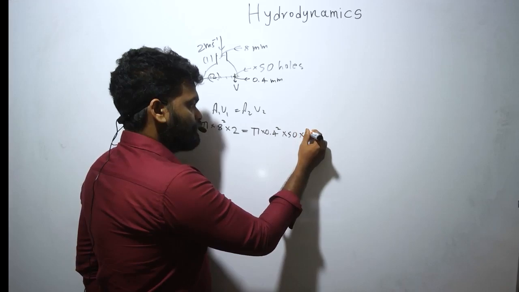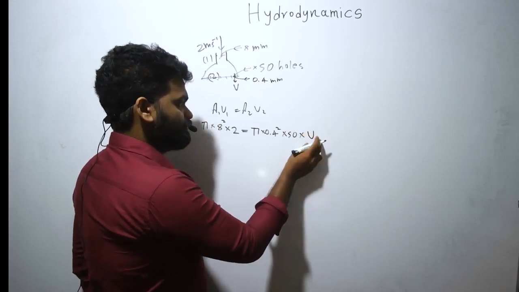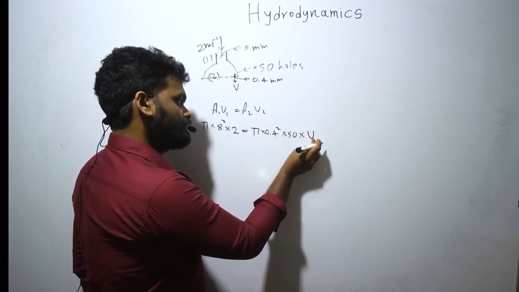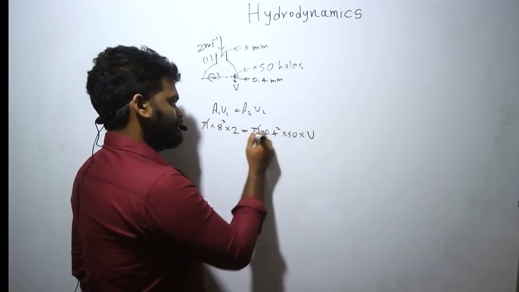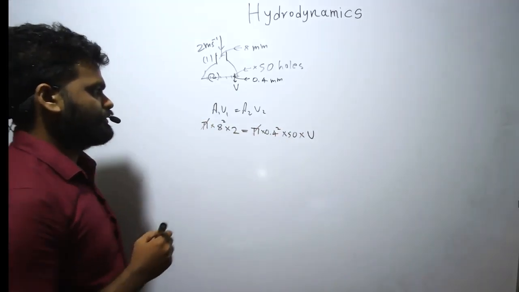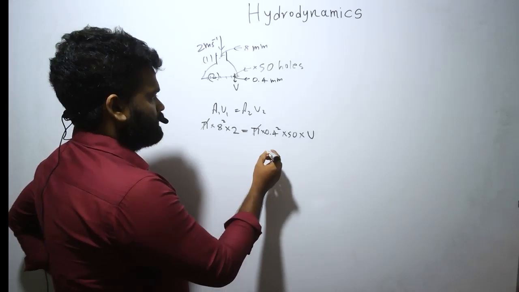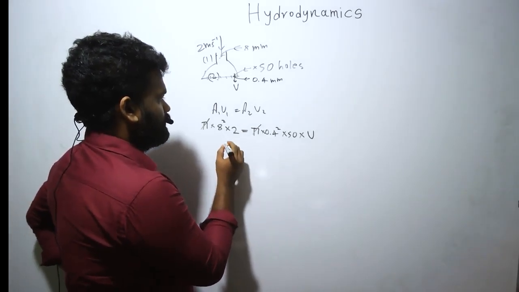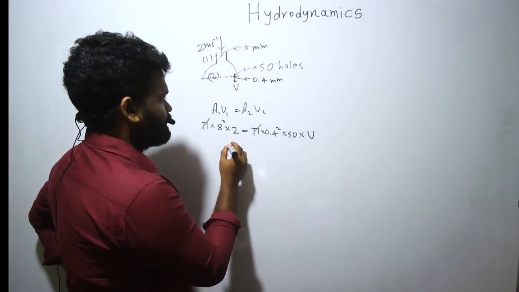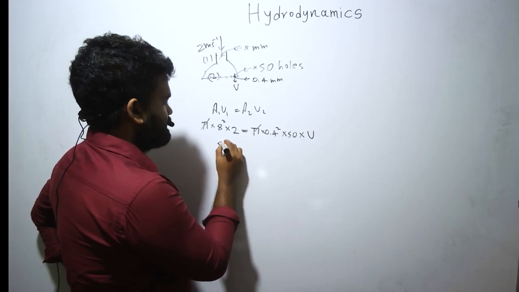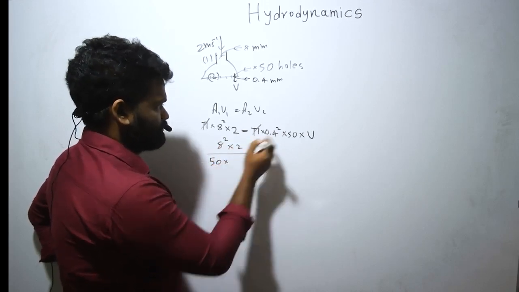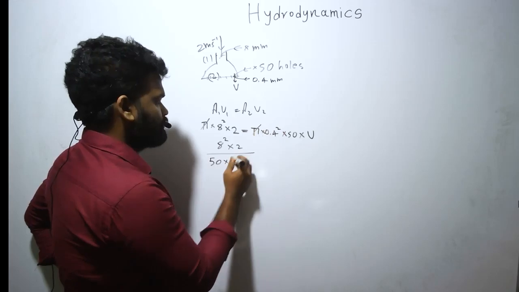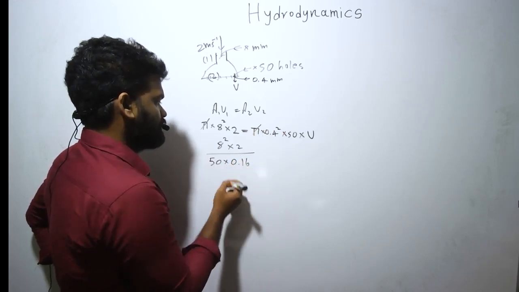Times the velocity of water flow through one hole. These two are equal. Then just pi cancels off. So V is 8 squared times 2 divided by 50, cross multiplying. 0.4 squared means 0.16 actually.